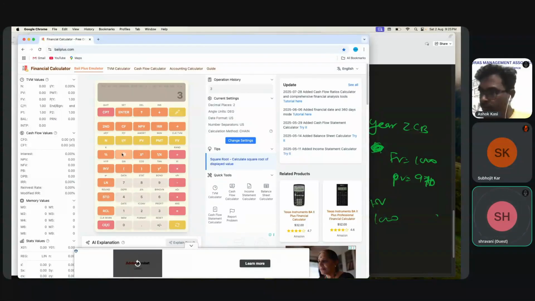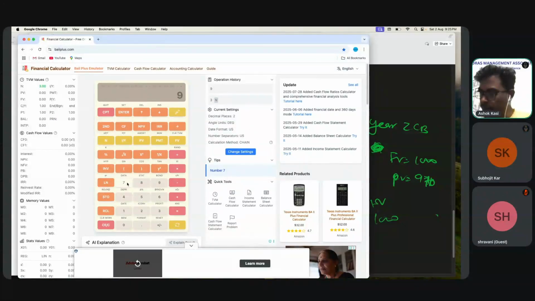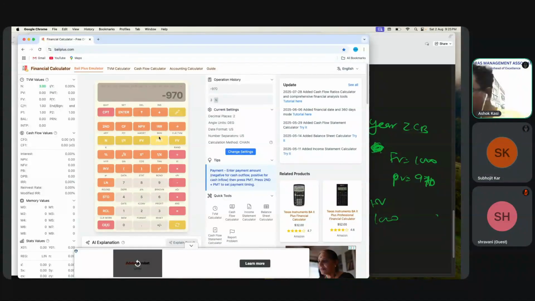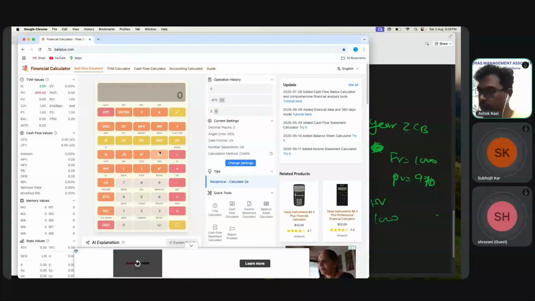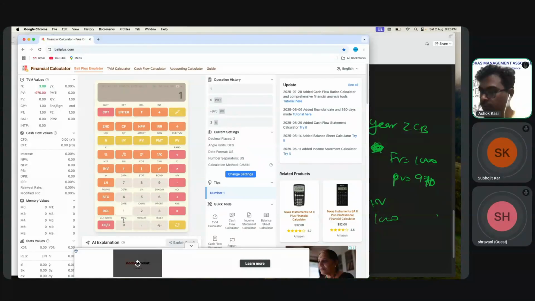N is 3, present value is 970 negative. Did you change the beginning mode? It is not in beginning mode, right? No, it is ending only. Payment is 0, FV is 1000.